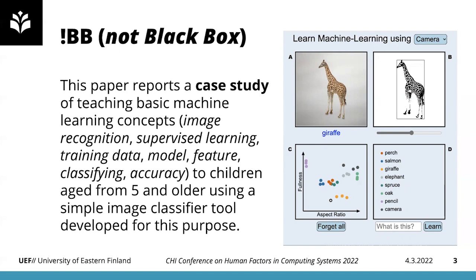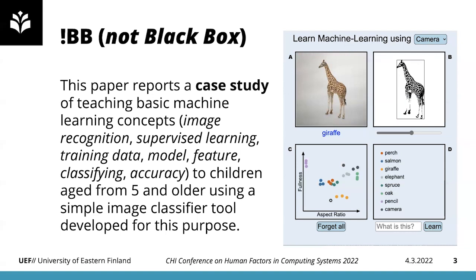On the right-hand side, you are seeing the user interface of the tool. On box A, there is the webcam feed which currently shows a picture of a giraffe. On box B, there is a black and white presentation of the same picture. As you can see, there is also a bounding box drawn around the object, the giraffe in this case. This is one of the features that we are interested in when doing the image classification.